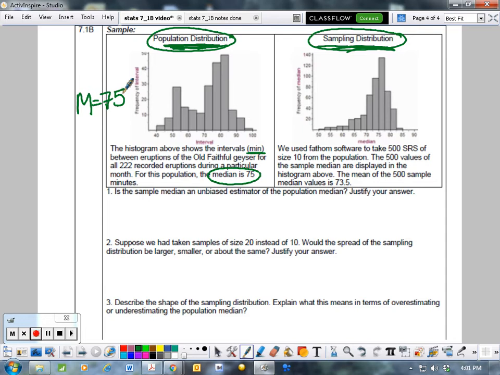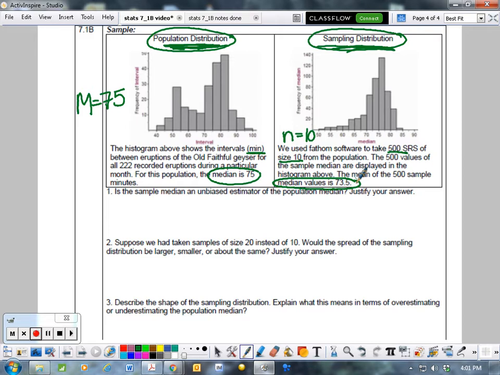Over here in our sampling distribution, we used a software program and took 500 samples, all of size 10, so n equals 10. When we graph that, we see a curve, somewhat, and the mean of all of our median values is 73.5.